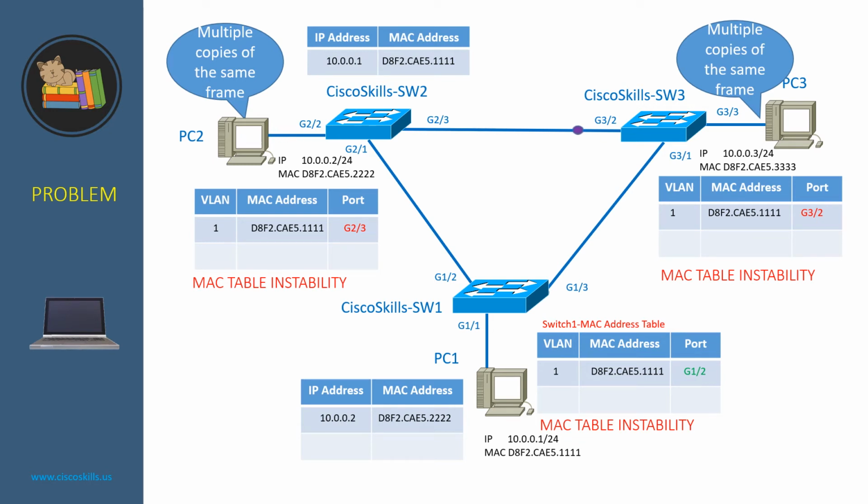However, in this case, the ARP reply will be looped between switch 2 and switch 3 until one of the switches updates its MAC address table correctly and sends to PC1. So this looping frame here will be corrected. However, the broadcast storm will last forever until one of the switches reboots or one of the links goes down.